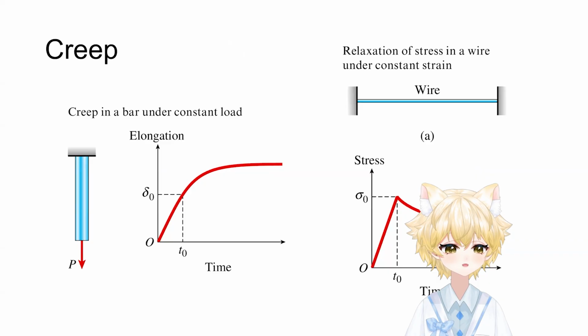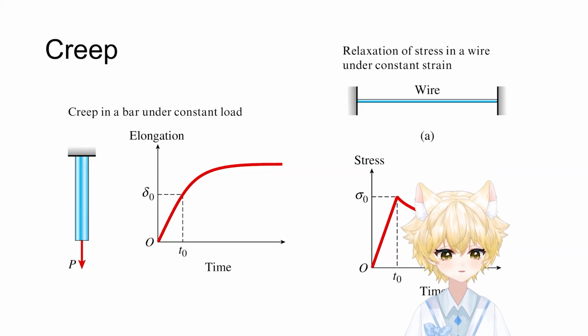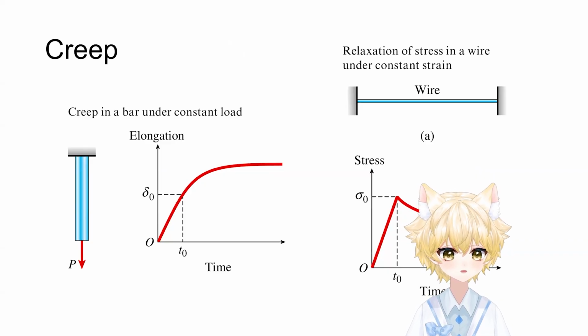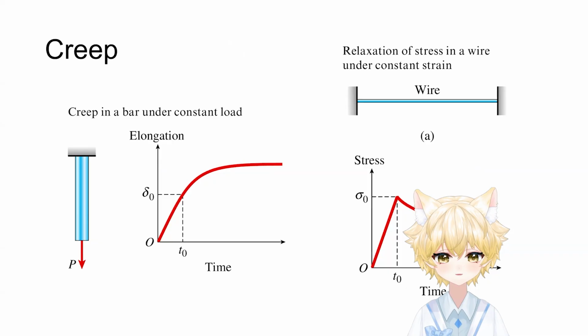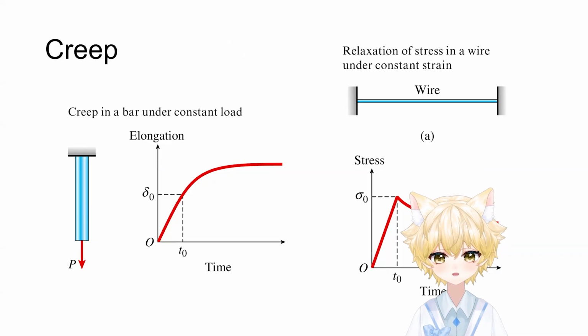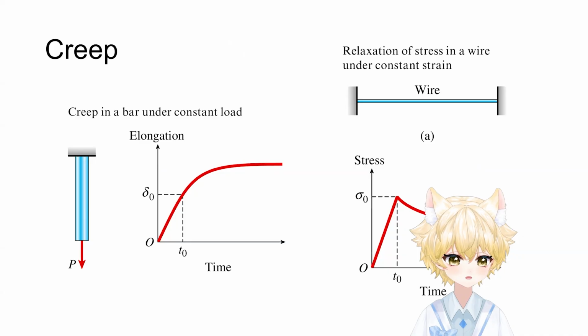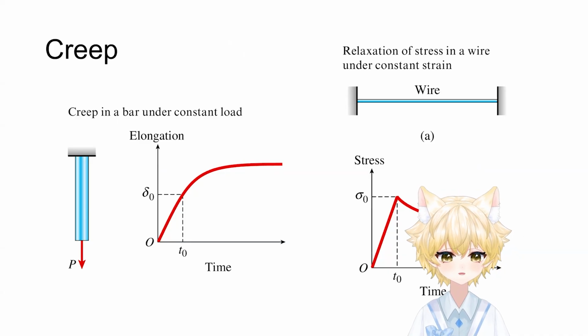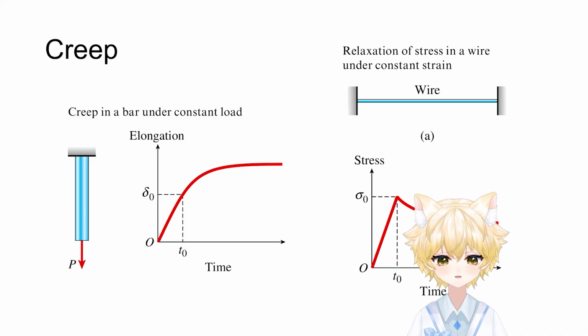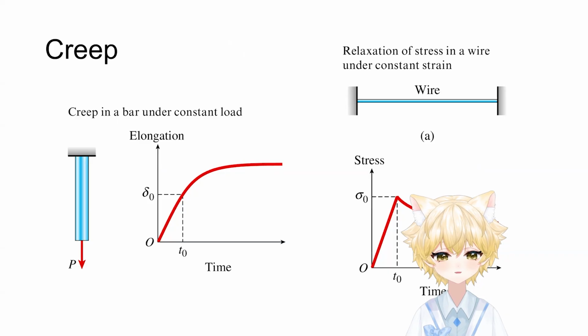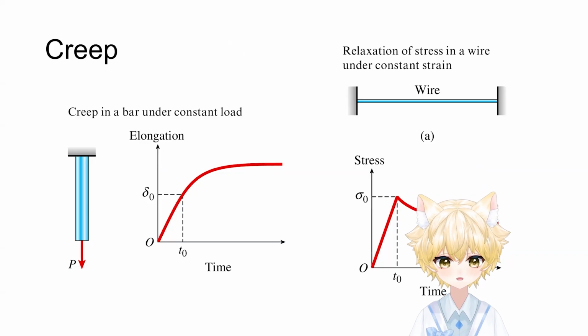Up until now, we have assumed that if you apply a load to a material, the deformation happens instantly and then stops. You pull it, it stretches, and that's it. But in reality, especially over long periods of time or at high temperatures, materials behave differently.